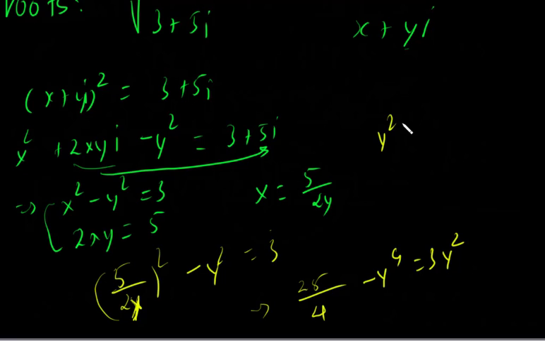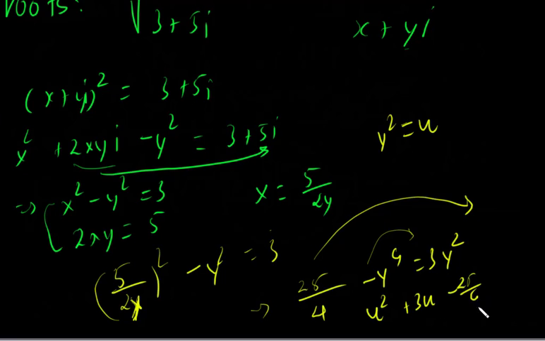Now set y squared as say u. Move this here and move this here. We have u squared plus 3u minus 25 over 4 is 0. Now solving this, we'll get u.